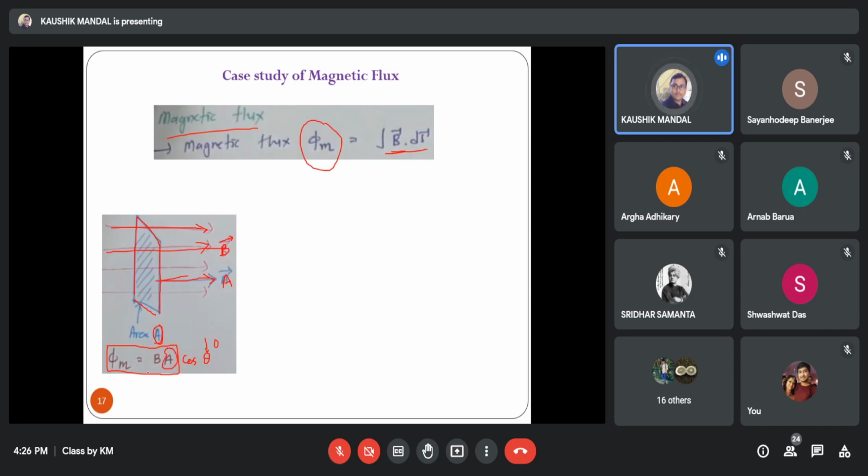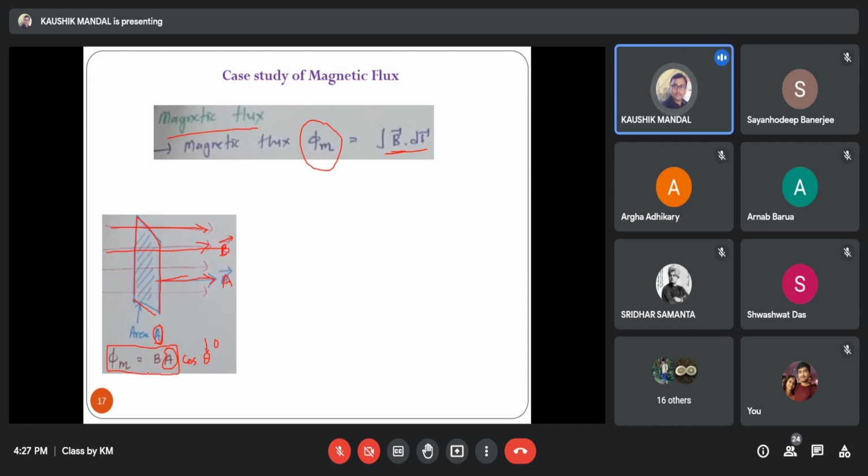So if you place a surface perpendicular to the magnetic field, then the amount of magnetic flux will be maximum, because we know that for theta equal to 0, cos theta equal to 1, which is the maximum. This is the situation in which we can realize maximum magnetic flux.